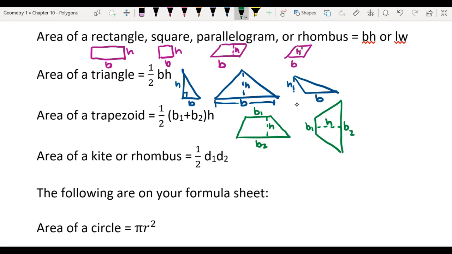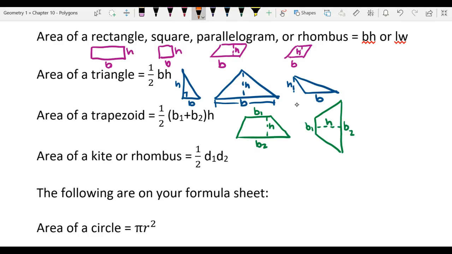So the last one you need to have memorized is a kite or rhombus. So there's 2 formulas for rhombus. You can use this one when it gives you your base and height, or you can use D1 times D2. Does anyone have a guess what D stands for? No, not diameter. Diagonal. D and D stand for your diagonal.